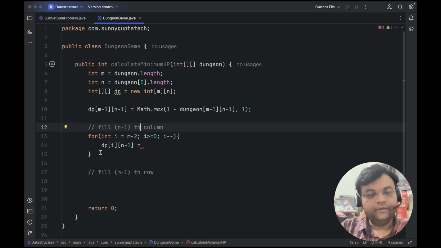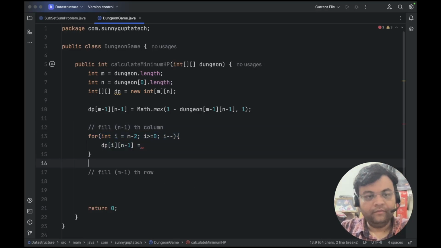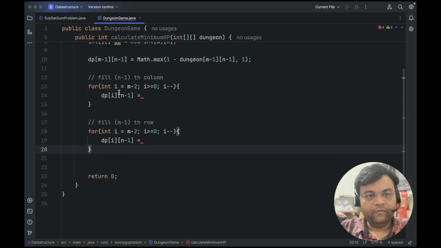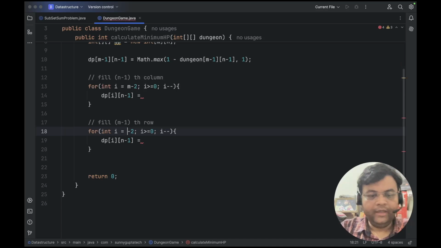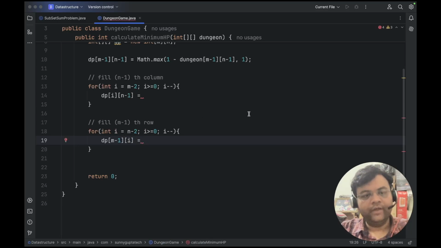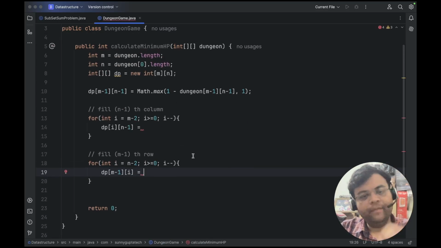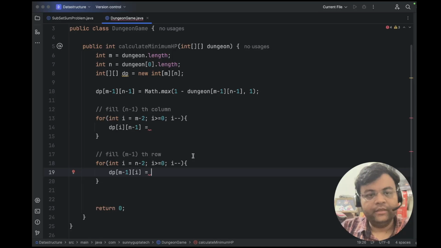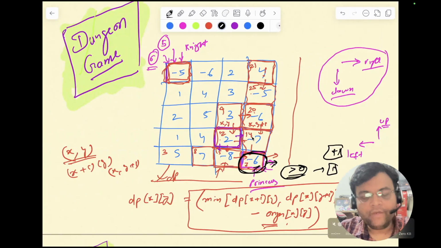Okay, so if we fill that, i is equal to n minus 2. Now dp of m minus 1, i. So here I'm initializing the base things. Now when we are filling this, we calculated this already, right?